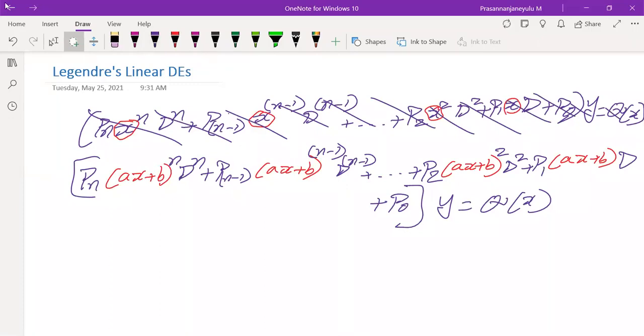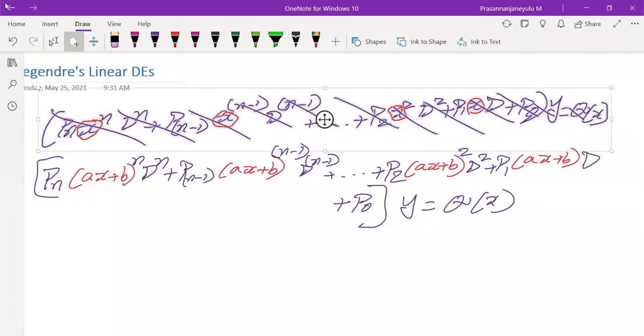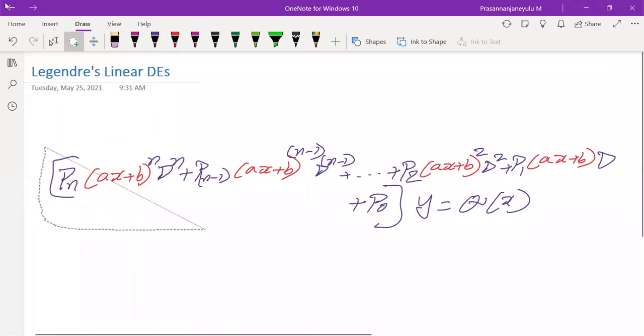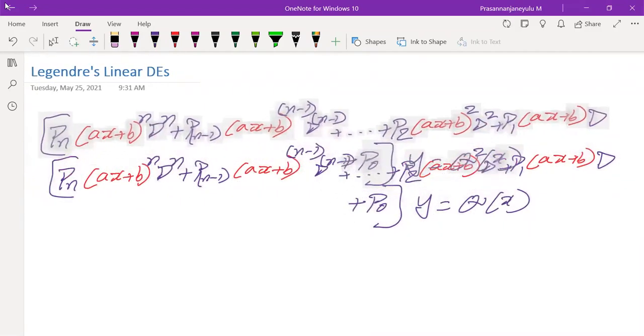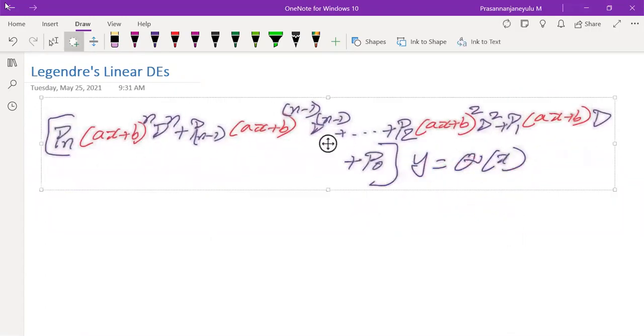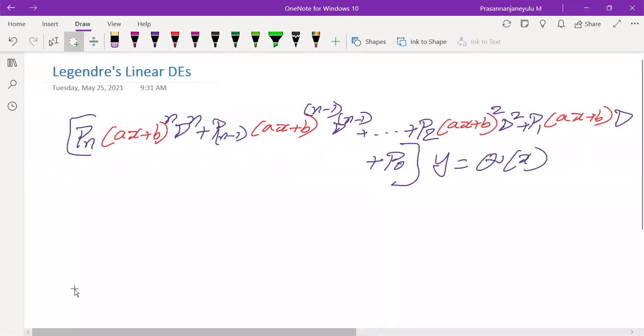The first equation I have written because Legendre's linear differential equation and Euler-Cauchy's linear differential equation are both the same, but in the left hand side, in place of x, we simply get ax+b. That is the concept.